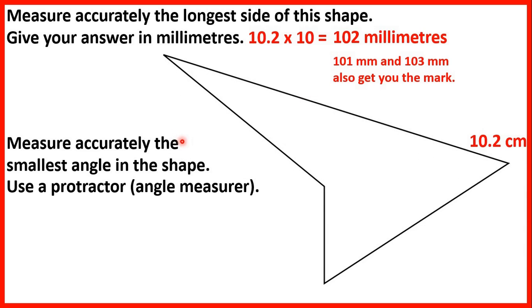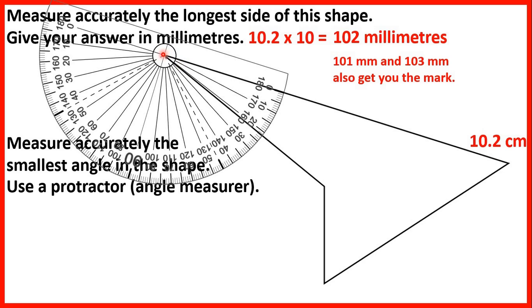Now measure accurately the smallest angle in the shape. Use a protractor angle measurer. So the smallest angle will be this angle here. So what we can do is line up our protractor so that we have the cross on the protractor on top of the point of the angle, and then it's lined up so that we have the 0 point on the protractor in line with one of the lines on our angle.